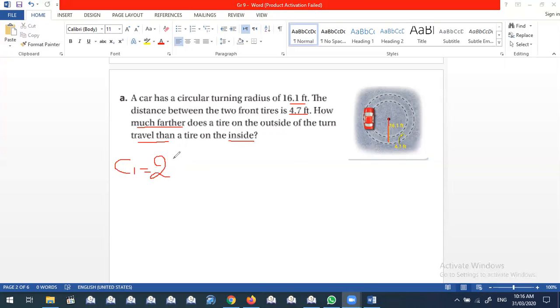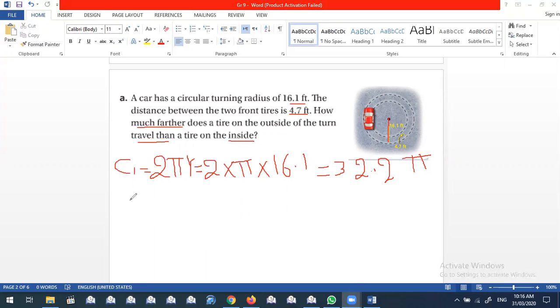It will be 2 pi r. So it will be 2 times pi times 16.1. So the answer equals 2 times 16.1, which is 32.2 pi.